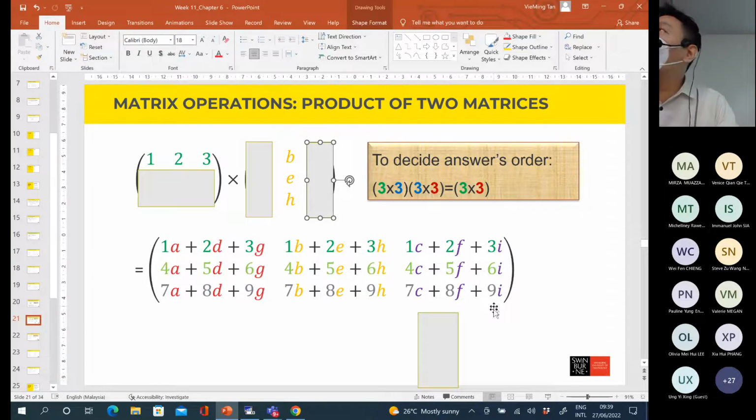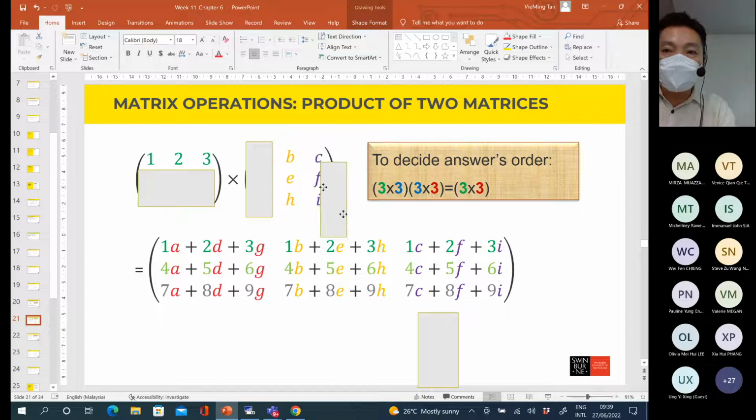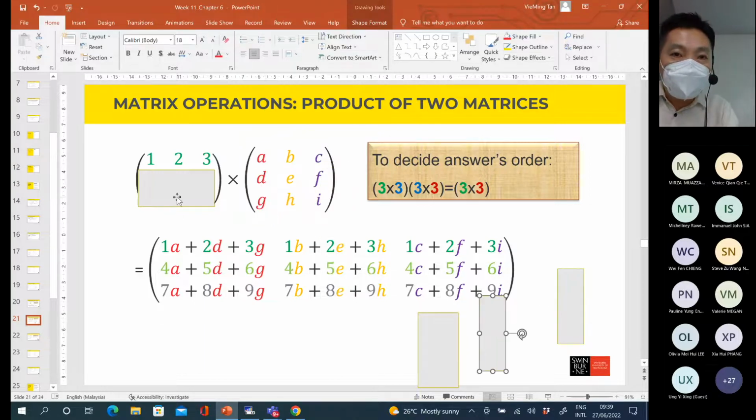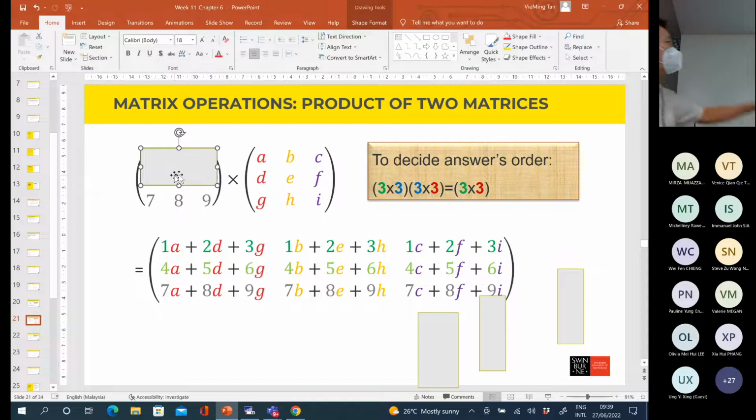This element is at the location of third row, third column. Third row and third column. So how to perform then? Third row, that means we need to hide the first two rows. Just show the third row elements in the first matrix.